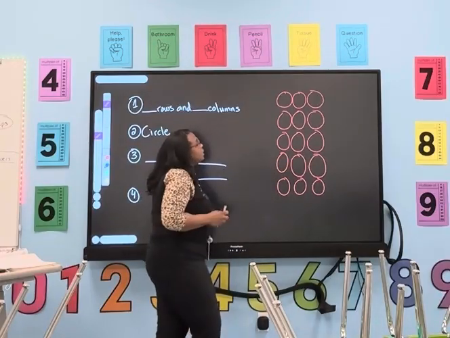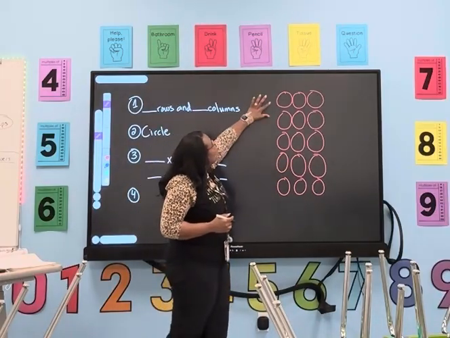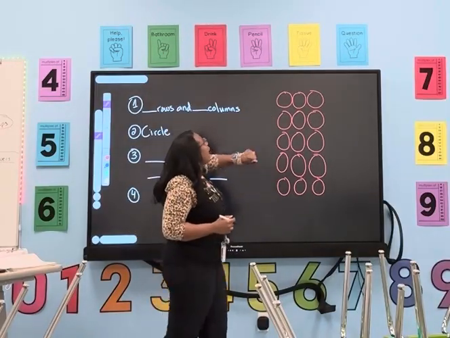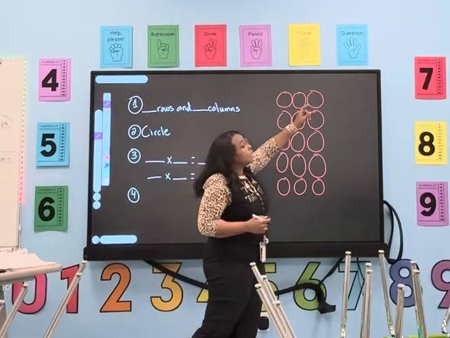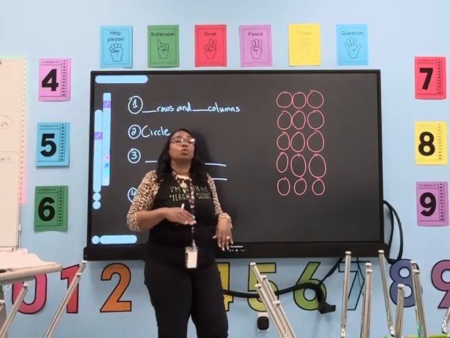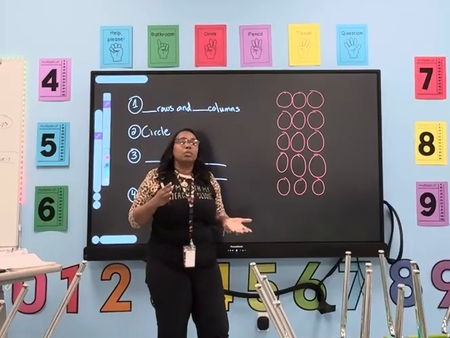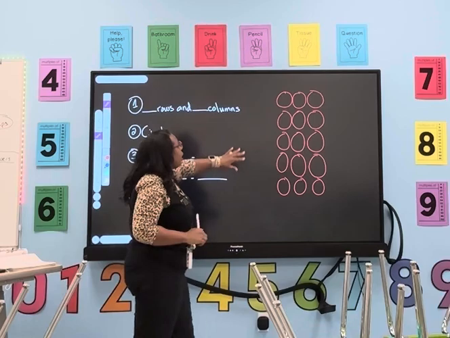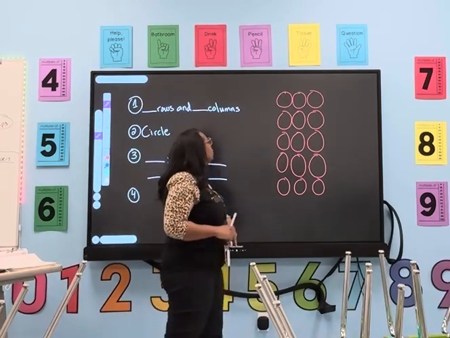So if I look at this, I have 1, 2, 3, 4, 5 rows, and 1, 2, 3 columns. Or you can say I have 5 rows with 3 in each row.